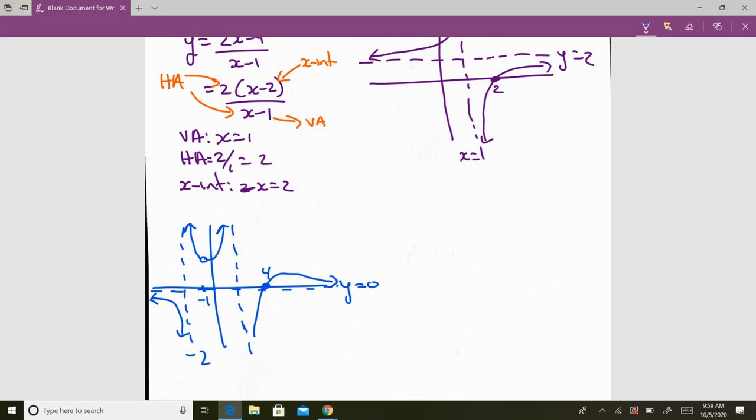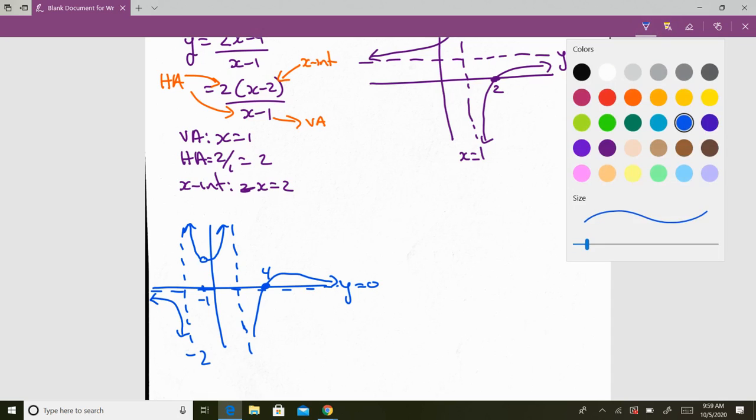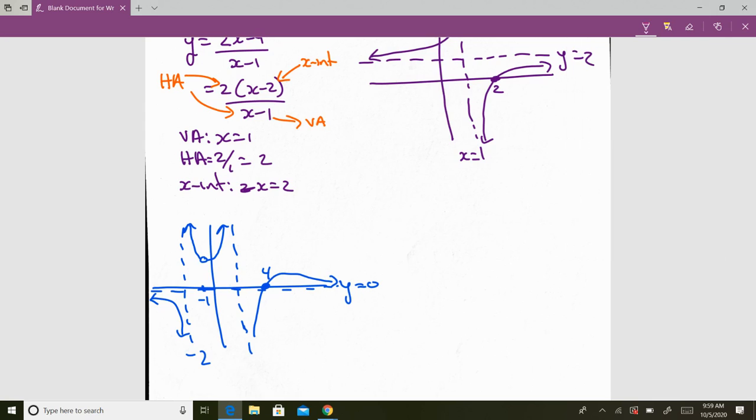Here's our graph. A little shaky hand there, but that's okay. What is the equation of this graph? Do it in f of x is equal to.